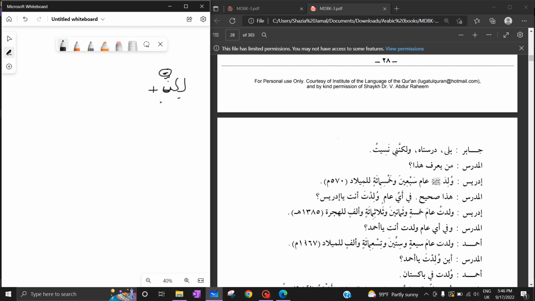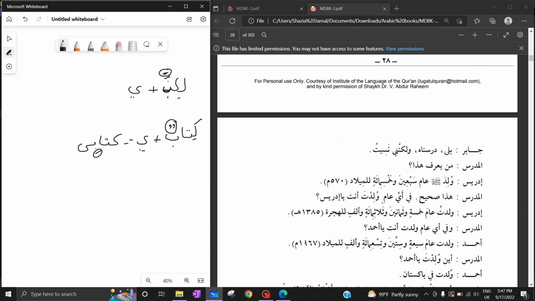When lakinna is attached with a ya mutakallim, then you know by rule, when any noun is attached with ya mutakallim, like kitabun, what happens? It becomes kitabi. The ba, which had a dhamma before, is forced to take a kasra here.